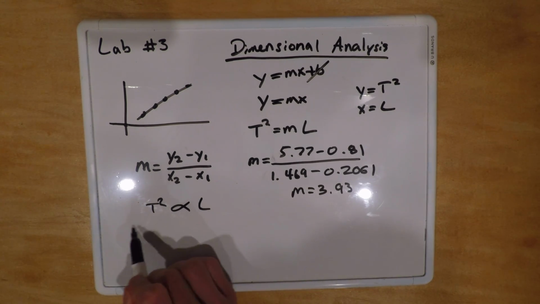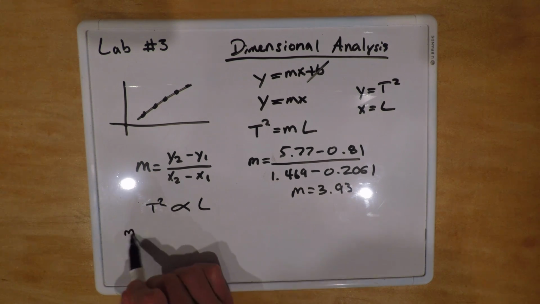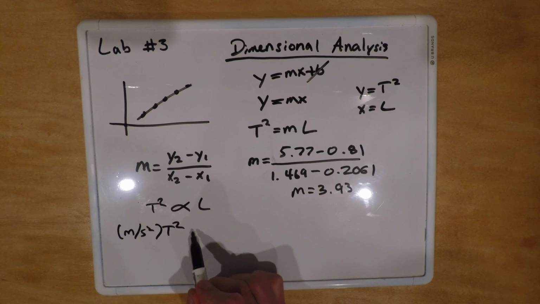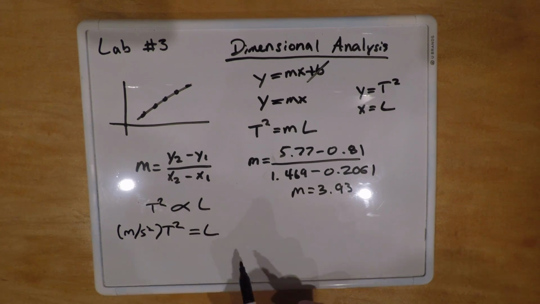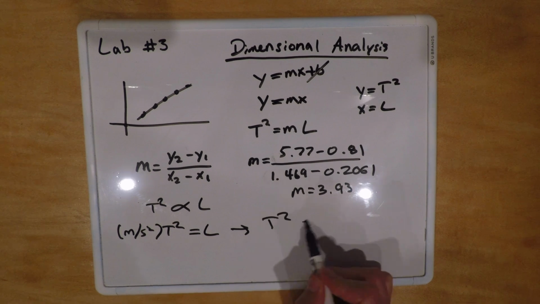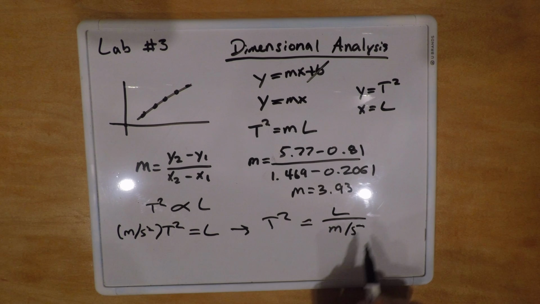So I'm going to add it here, and I'm just going to put it in its units form. So meters divided by seconds squared times t squared is equal to L. And I'm going to divide both sides, and I get t squared equals L over meters per second squared.